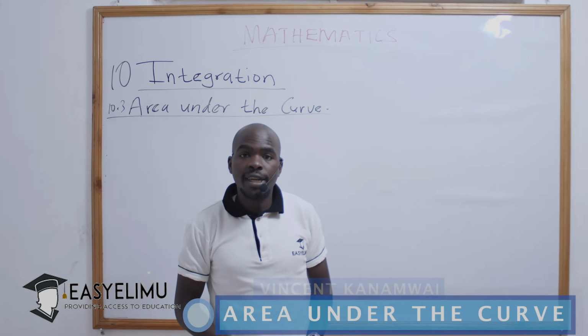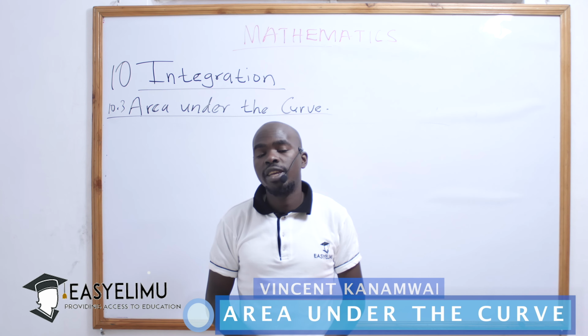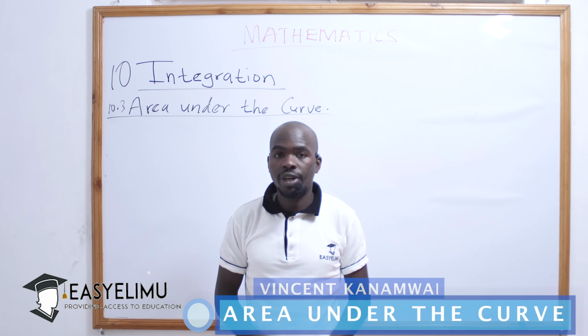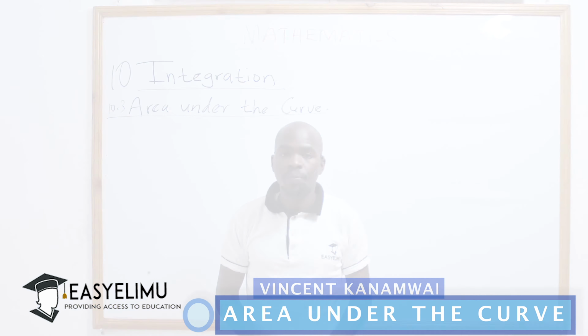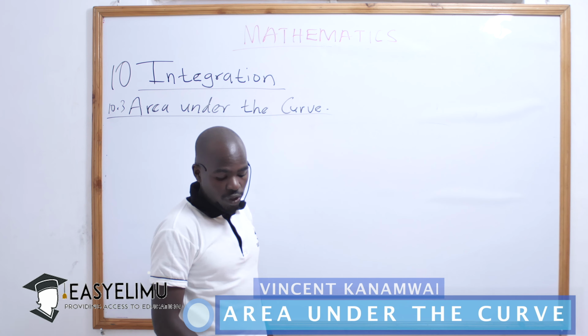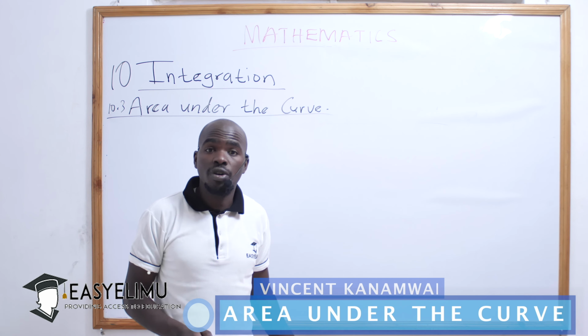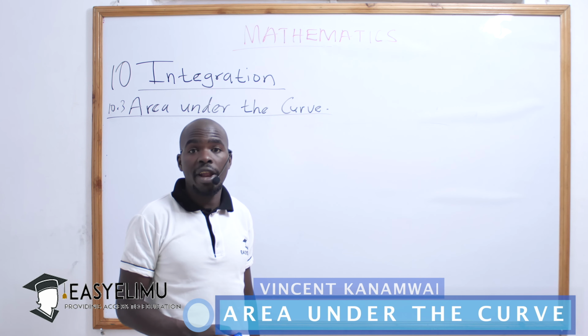We shall now look at the area under the curve, and one of the examples which we did in 9.3 in differentiation using the trapezium rule. Now we are going to use our integral method to find the exact area of that one.